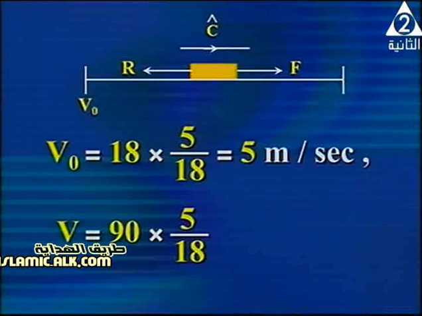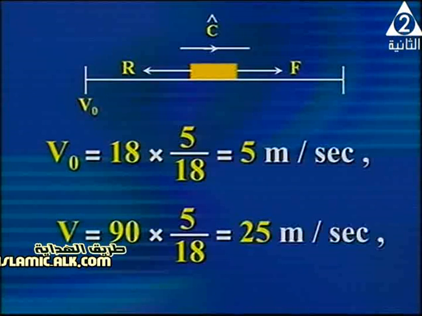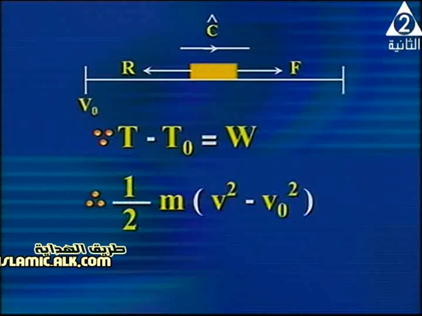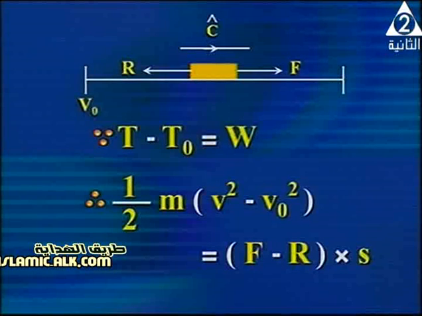Multiply by 5 over 18 equals 25 meter per second. Then we know that the change of kinetic energy equals the work done. T minus T naught equals W. Then half M multiplied by bracket V square minus V naught square equals F minus R times S.